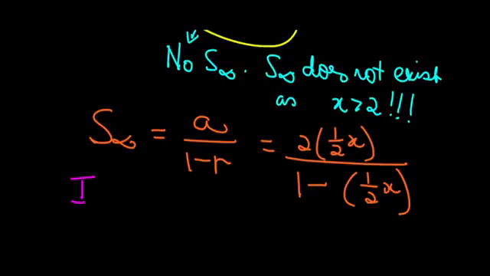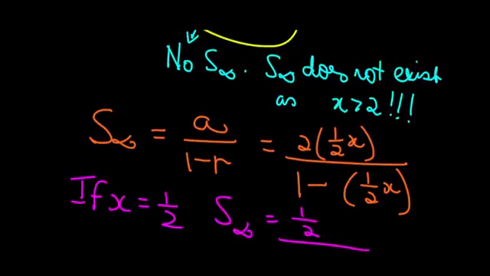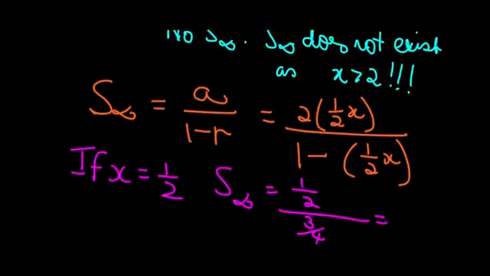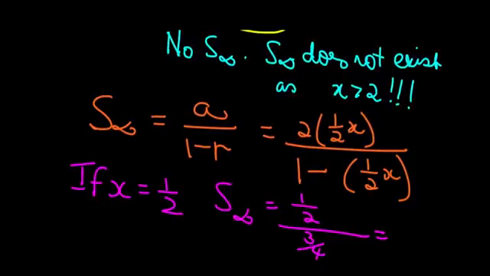So if x equals a half, then the sum to infinity is 2. A half of 2 is 1, times another half would be a half, and then we're dividing it by a half of a half is a quarter, and so that would be 1 minus a quarter, which would be 3/4, and so our sum to infinity would equal times 4 over 3, so that would be 2 over 3.